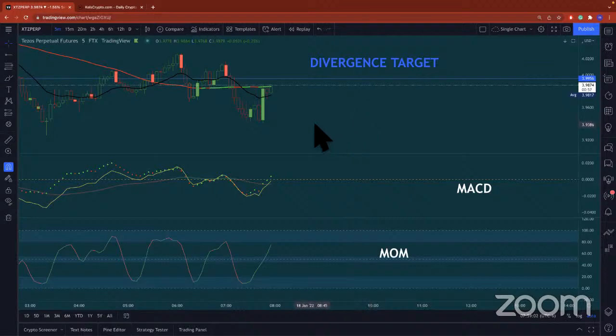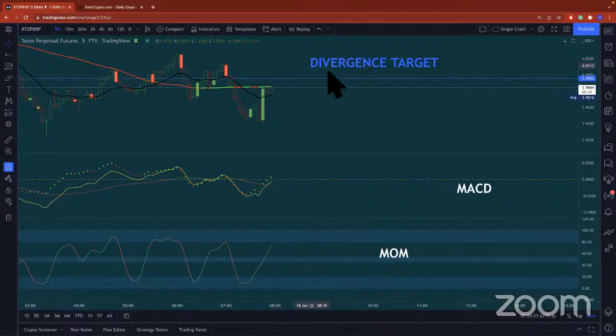And that's one of the things you will learn in the Discord, because it's my favorite thing to trade. I only trade divergences. I don't trade candlestick patterns that often. I don't trade bounces and any of this other junk. But I will trade every single divergence.